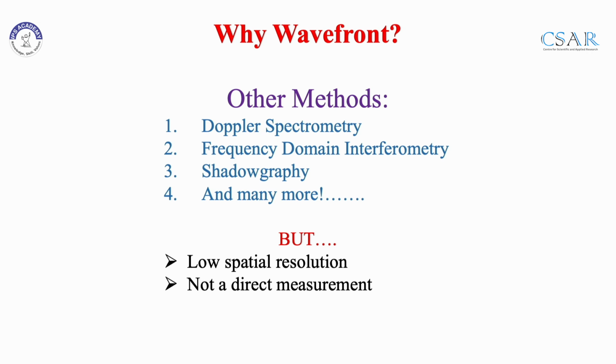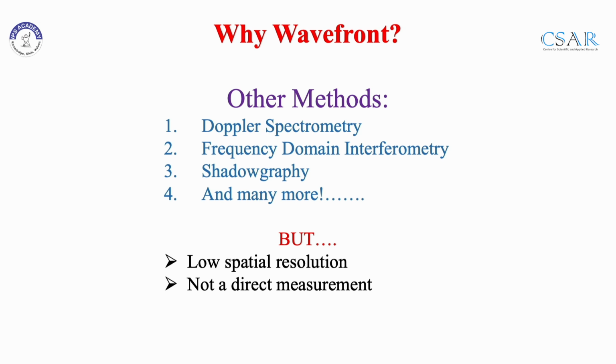And some of the measurements are not very direct. For example, in Doppler, we measure the velocity. We send a probe pulse and record its spectrum, and when the plasma has a velocity, the spectrum changes, and from the spectrum change we can calculate the velocity.